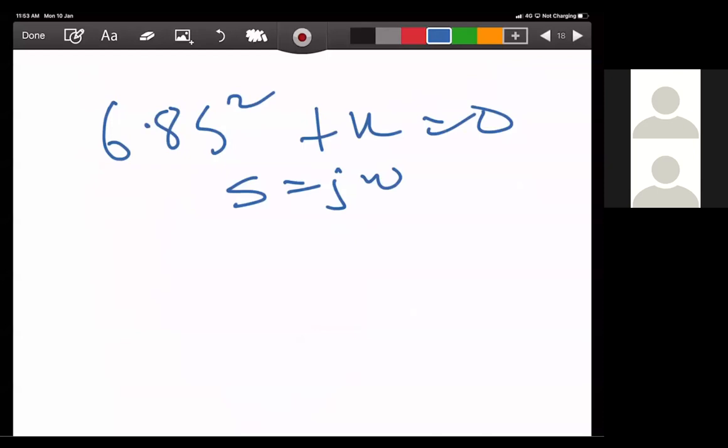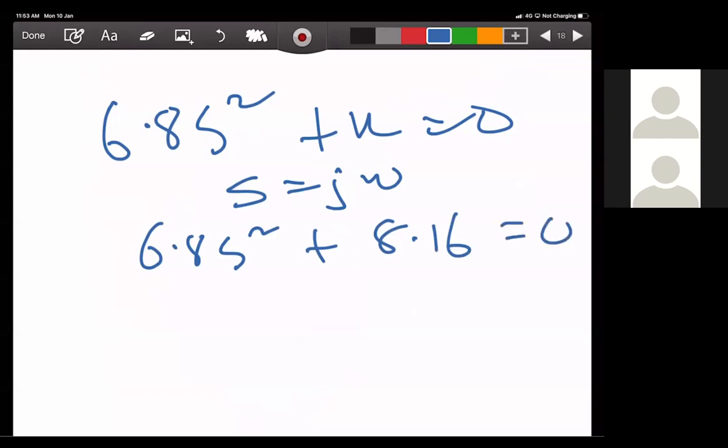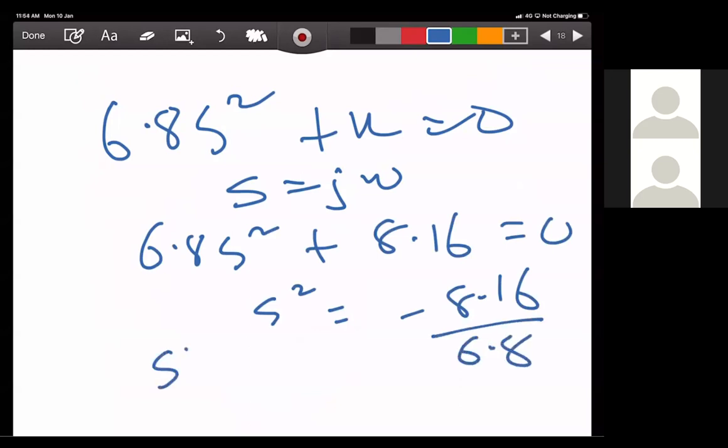So you will get 6.8 S square plus K, 8.16, equal to 0. So S square minus 8.16 divided by 6.8. Berapa ni? Shakila? 8.16 divided by 6.8. Negative 1.2.